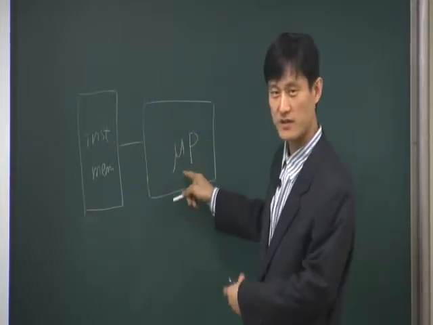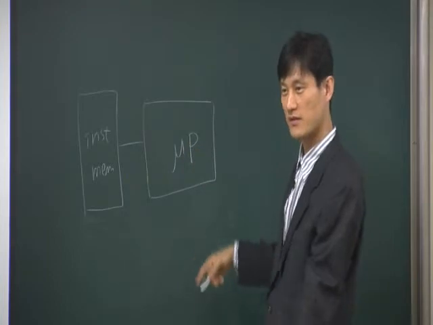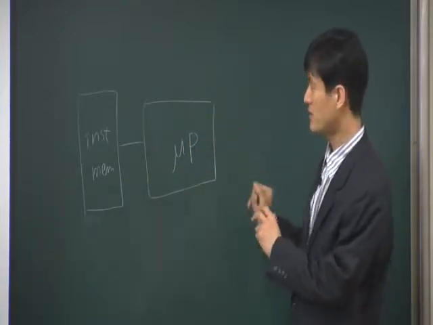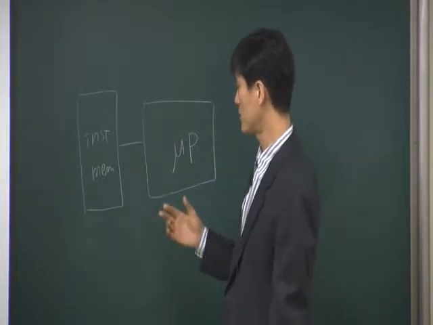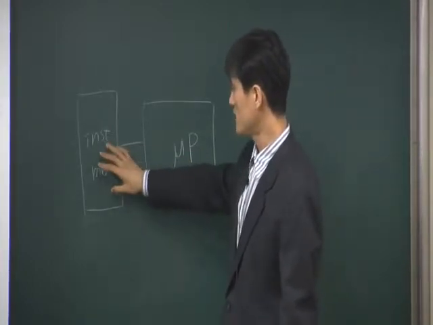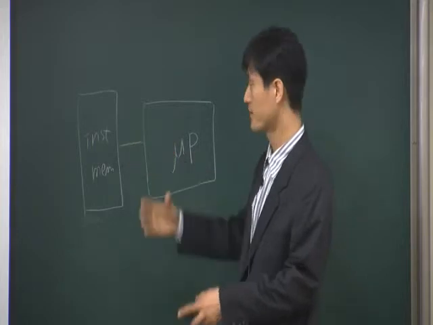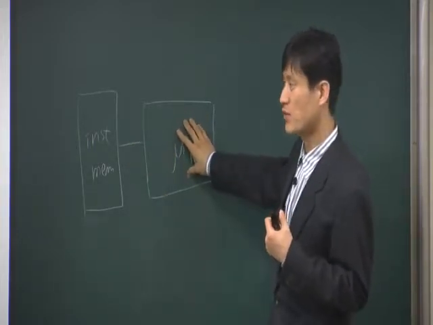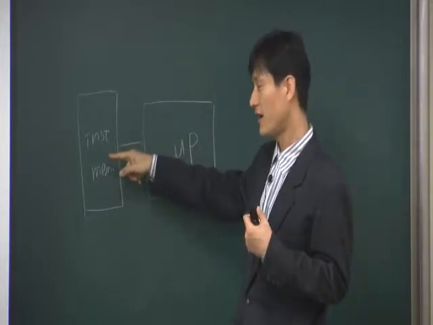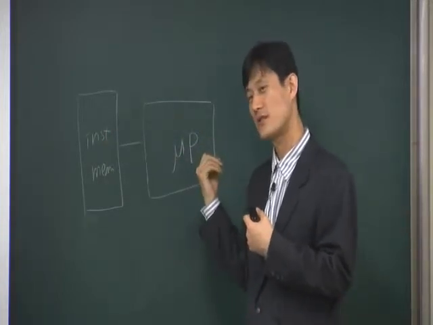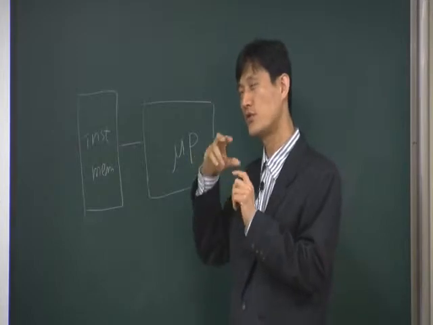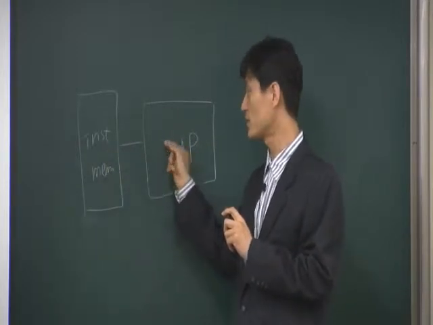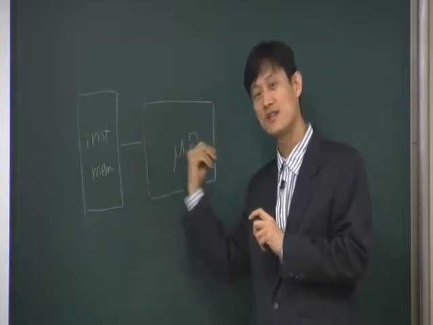Of course, there are other things, but let's simplify the diagram. We simply have instruction memory and microprocessor, and in instruction memory, you have your own code. First thing to do is that the microprocessor will go there and read out the instruction. Your code is in here, right? So the microprocessor should go there and bring it, read it.